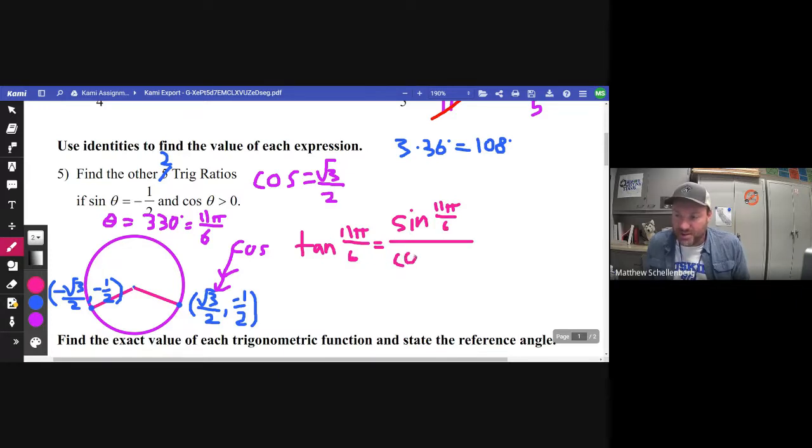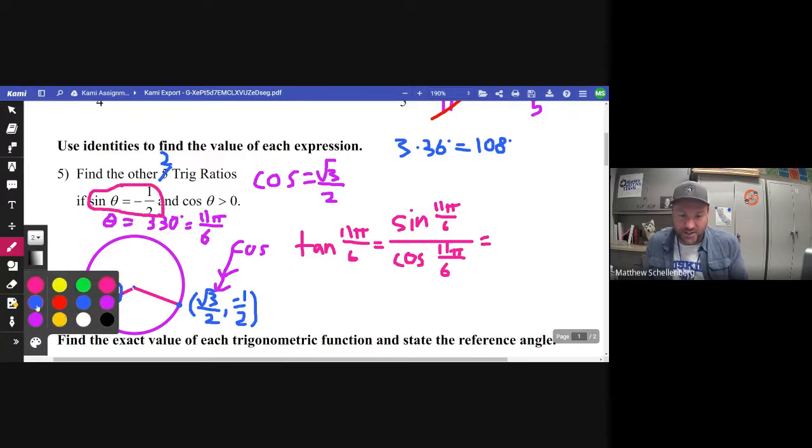Divided by the cosine of 11 pi over 6, which we also now know. But again, I'm writing this for your benefit so that you can solve future problems. And then we just replace what we know. So we know that the sine of theta is -1/2.